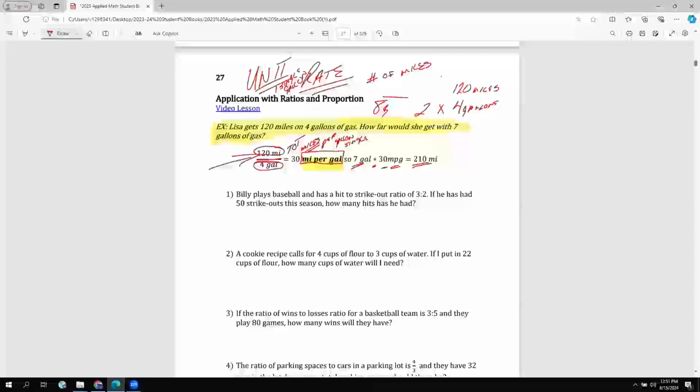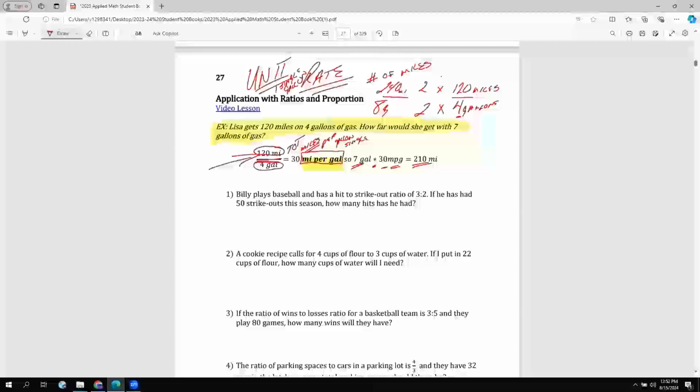And if this is true, that I went 120 miles on 4 gallons, by doubling my gallons to 8, I also would double the miles, right? Doesn't that make sense? That if you double the number of gallons that you used, you'd also double the number of miles that you'd go. So that number would be 120 times 2, which is 240.